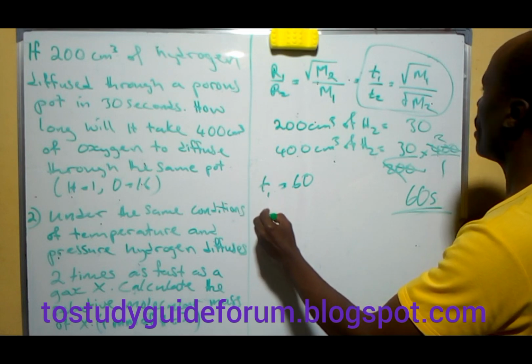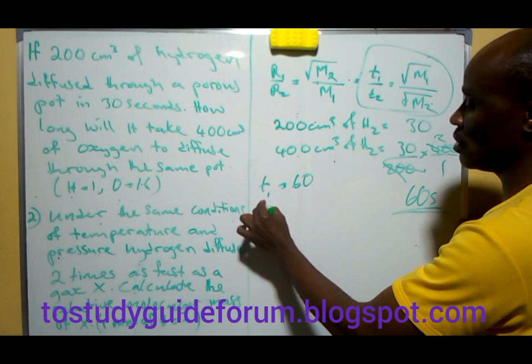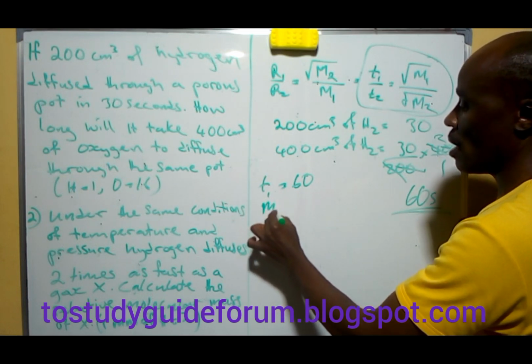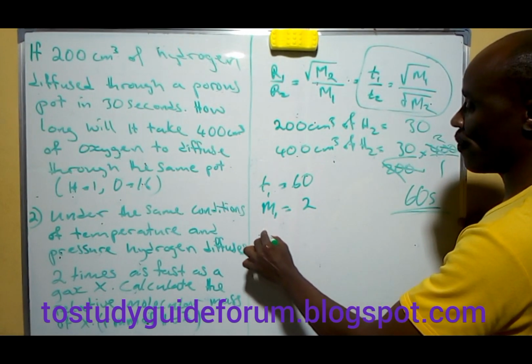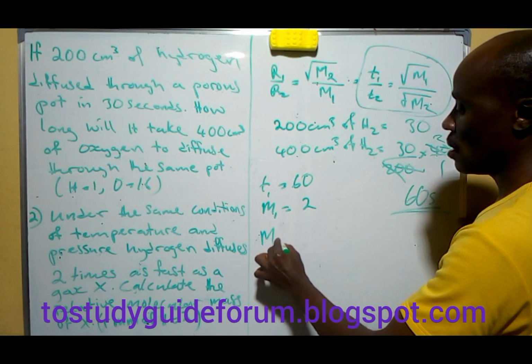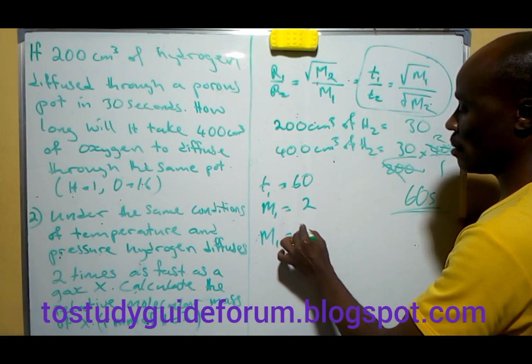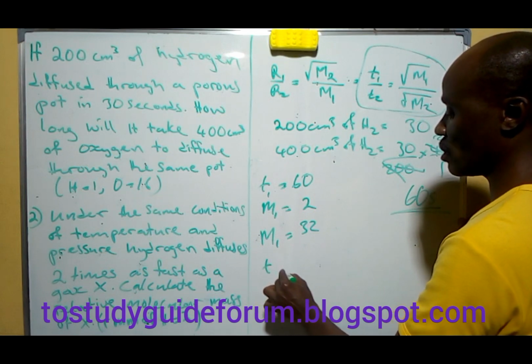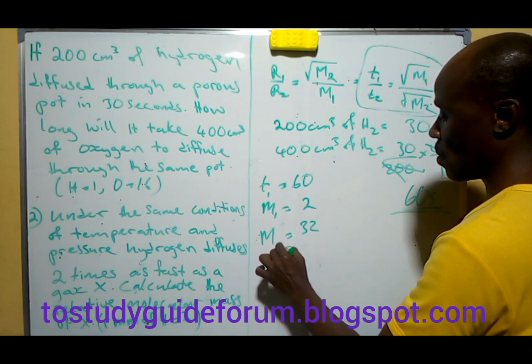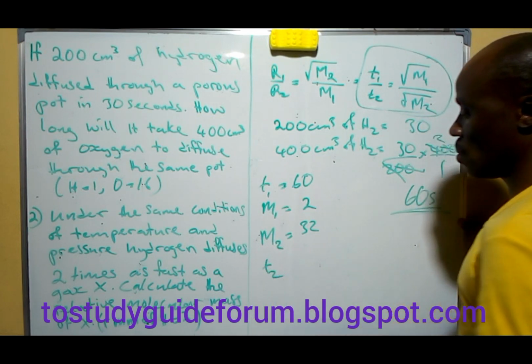The relative molecular mass of hydrogen, M1, will then be 2, and that of oxygen is 32. Then we don't know the time it will take. We can call this one T2.